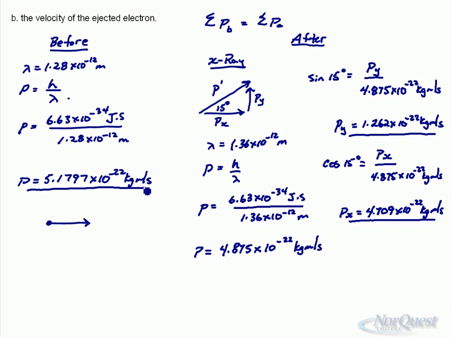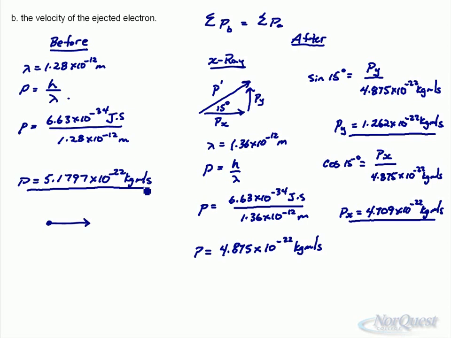I'm going to summarize all these components once I finish all the different parts. But what I've done on this slide is looked at my X-ray coming in. It was traveling straight east, so I don't have to break it into a component. It already is in a component. It has a total momentum in the x direction before of 5.1797 times 10 to the negative 22.